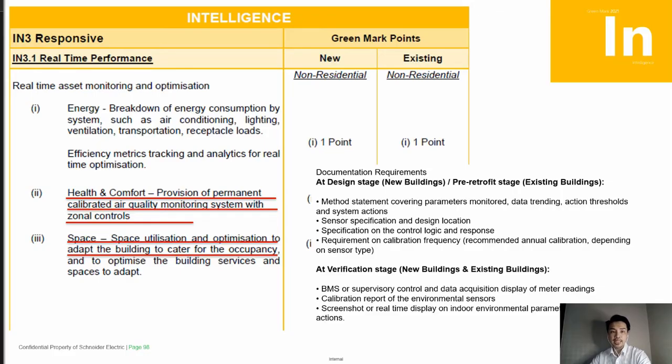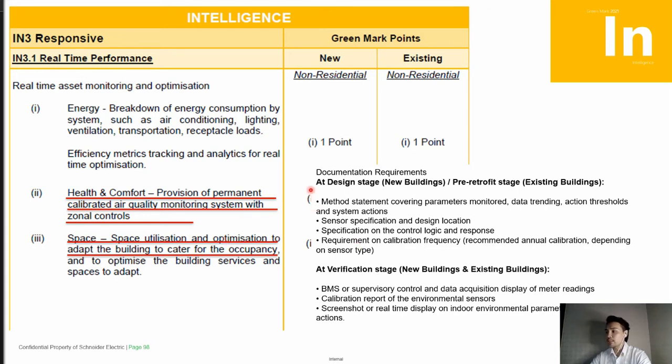Next is on health and comfort provisions, the maintenance of the calibrated air quality monitoring system with zonal controls. Here, it focuses on the environmental parameters that are measured in real time for zonal controls of your air cons and your ventilation systems, to give a healthy indoor environment for the building occupants.